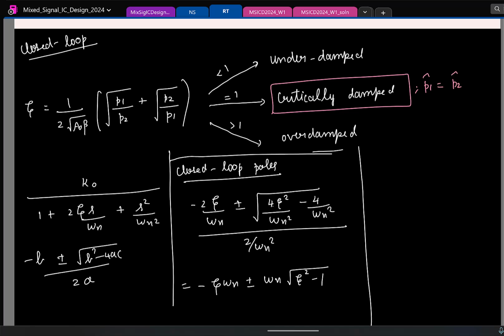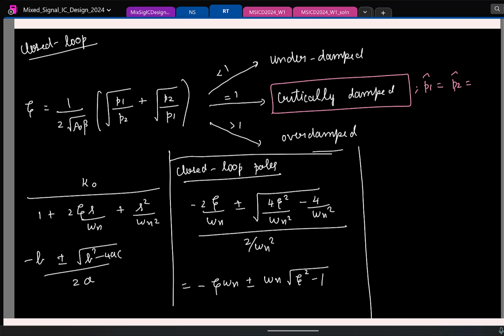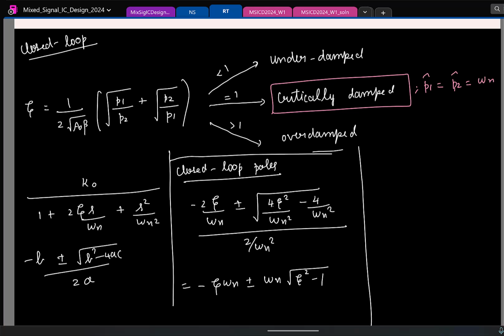If it's critically damped, I know that they are going to be lying on top of each other exactly. And what will be that location? Zeta omega n, but zeta is what value? Okay, I'll just write it as omega n. Assume that it is all left half plane.